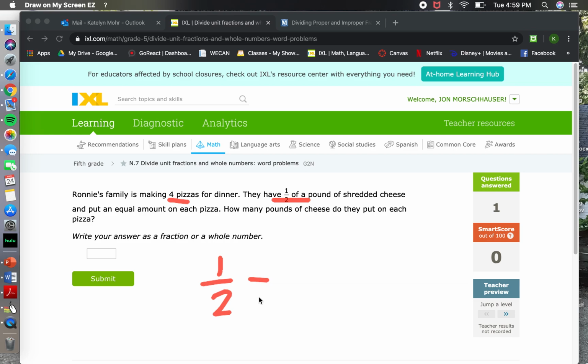So we know in order to split something, we divide it. So we're dividing 1/2 by 4. We also know that when we are using division with fractions, we need to keep, change, flip. So we would keep 1/2, change division to multiplication, and make 4, which is the same as 4 over 1, be 1/4.